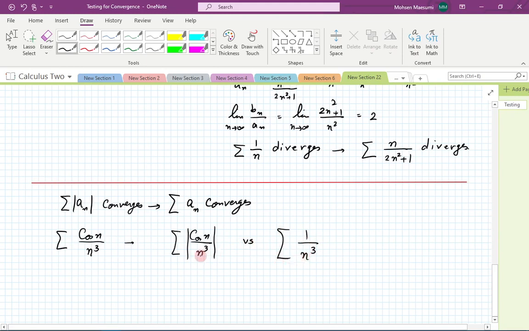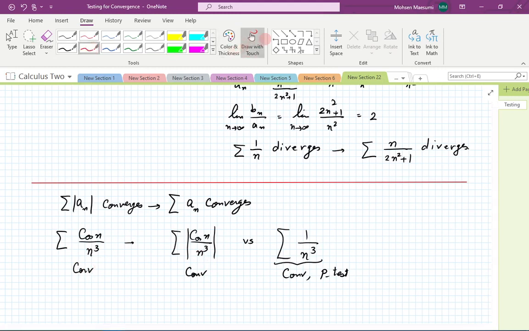The terms here are less than the terms here. I know this one converges by the p-test. The p-test said if the exponent is more than 1, it will converge. So this one is less than something that converges, then this one converges. And if absolute values converge, the original converges.